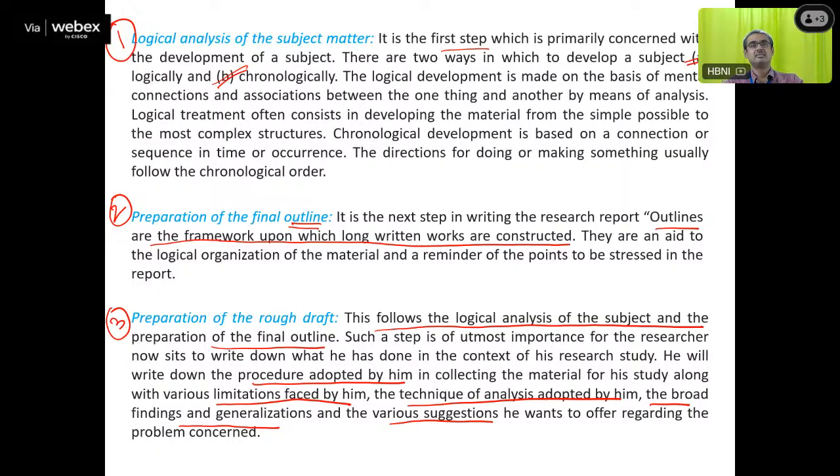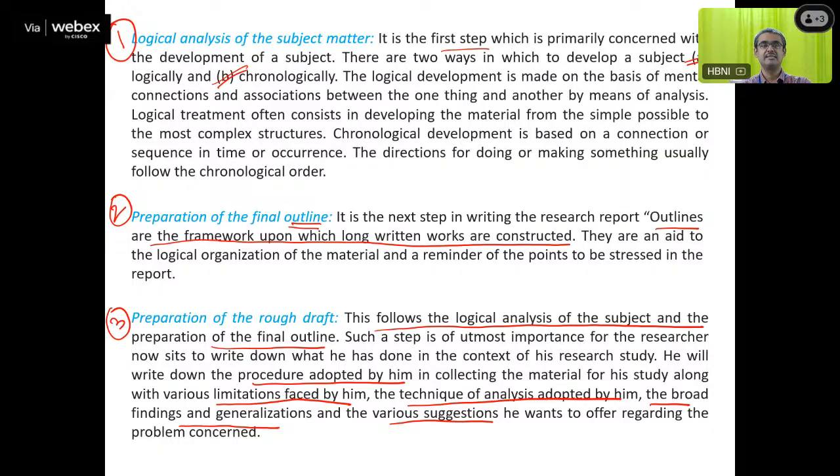So mostly the rough draft, what you will consider: after the final outline, you start explaining each of the subheadings that you have outlined in the previous step of writing a report.